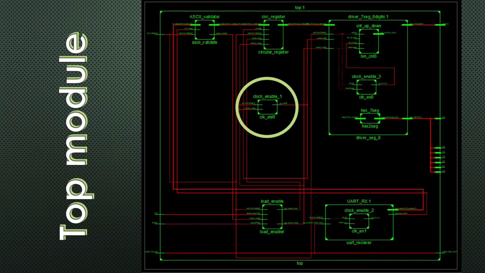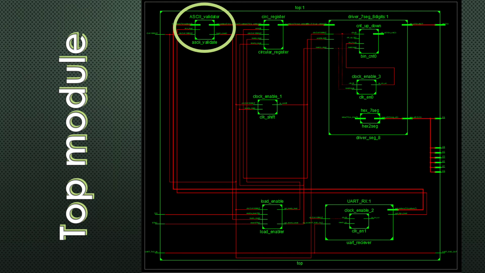One of the most crucial parts of our project is the ASCII validator, which is here at the left top. This module simply checks the user input data, and if they're on our list of allowed characters in ASCII format, it transforms them into 7-segment signals and sends them to the register.